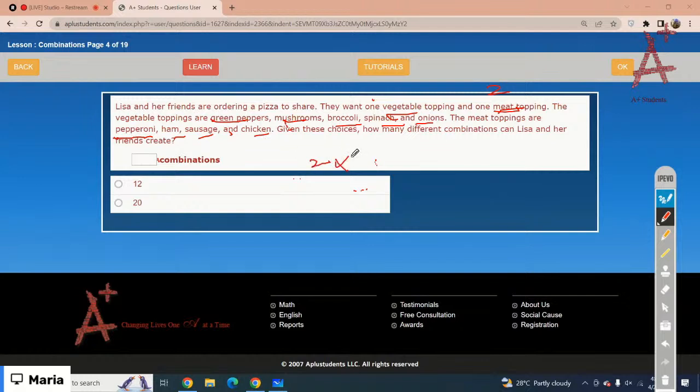So you need to do 2 times 5 times 2. 2 times 5 is 10 and 10 times 2 is 20. So it would be 20. The correct option is 20.